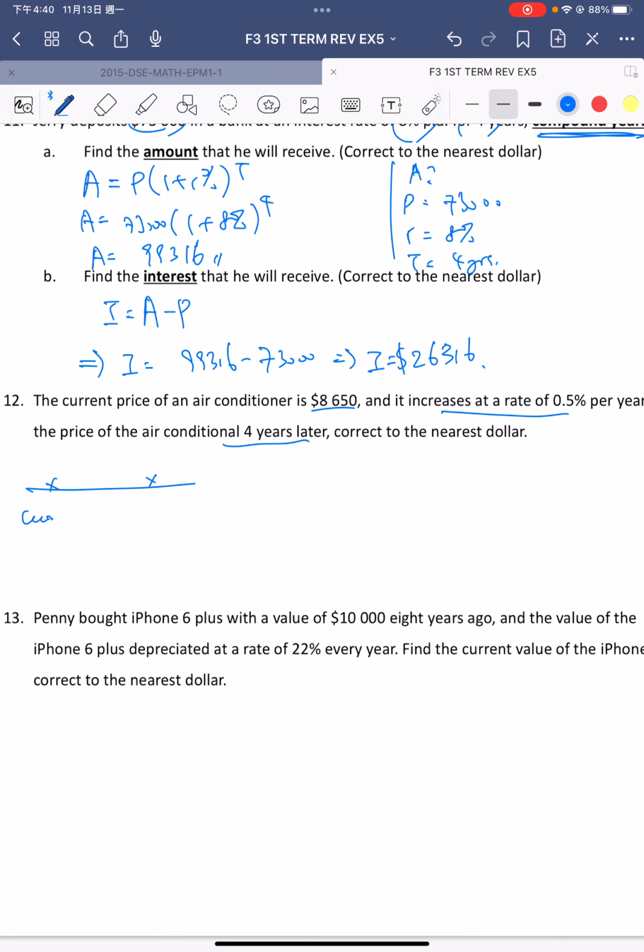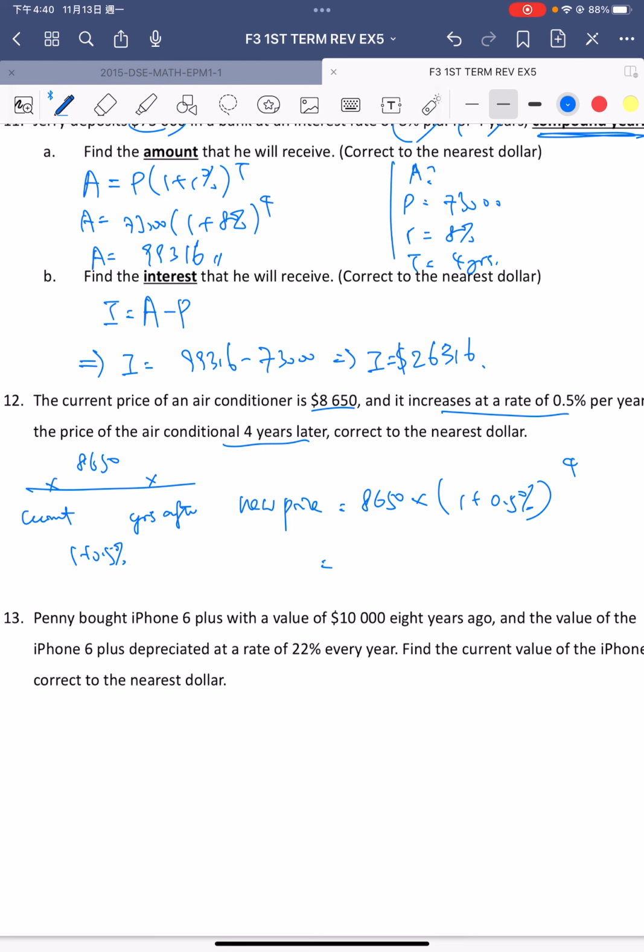This is the current, this is 4 years after, and our principal is 8650, and our increasing factor is 1 plus 0.5%. So our new price is equal to 8650 times (1 plus 0.5%) to the power of 4. So that's the formula to calculate it.